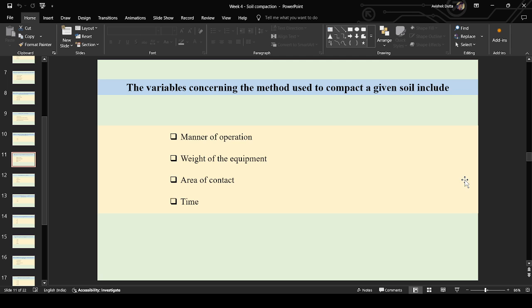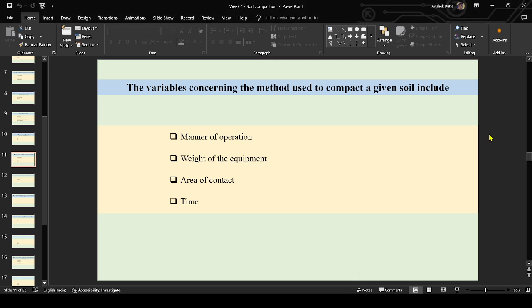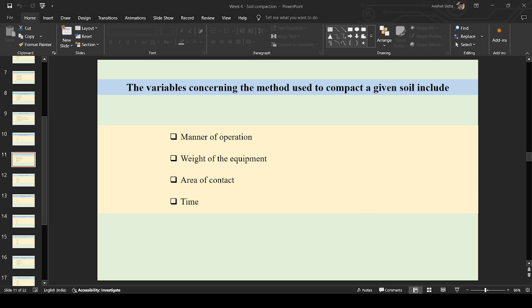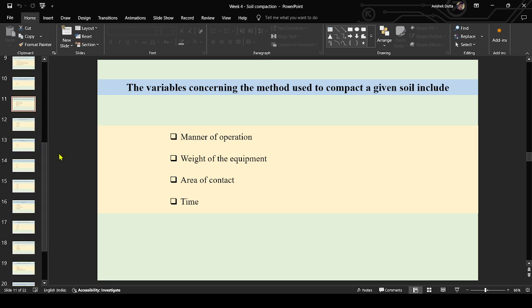I repeat the question. The variables concerning the method used to compact a given soil include: manner of operation, weight of the equipment, area of contact, or time. Okay, I hope the question was clear. Next question.